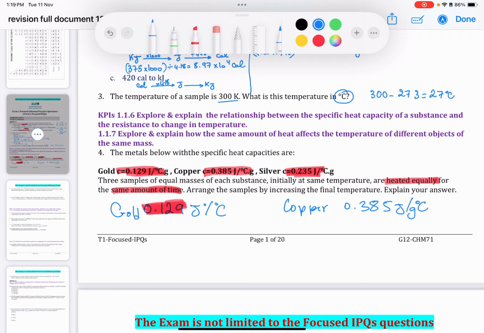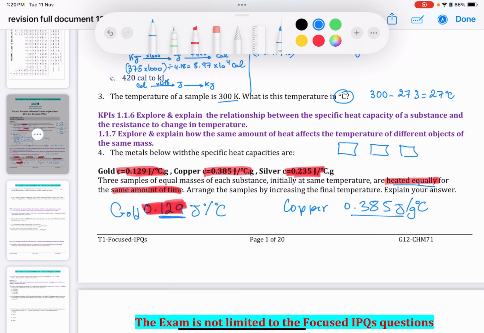So if these three metals were heated for the same time and they were given the same amount of heat, gold is going to increase its temperature a lot because it doesn't require as much energy as copper does. And therefore, based on this, I can arrange them.